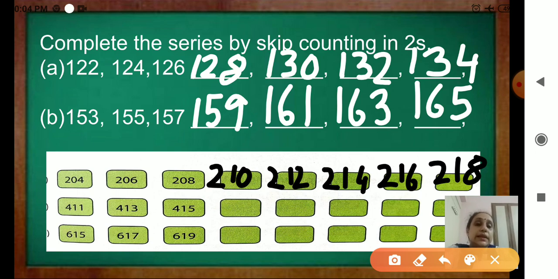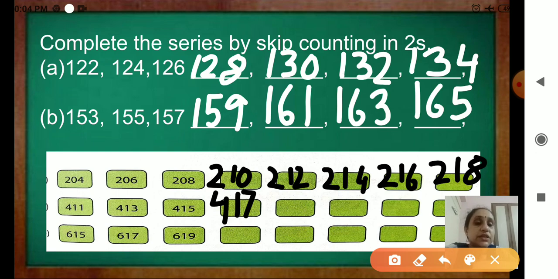Then the next number is 411. Then 413, 415. So after 415, 416, 417. So write down here 417.